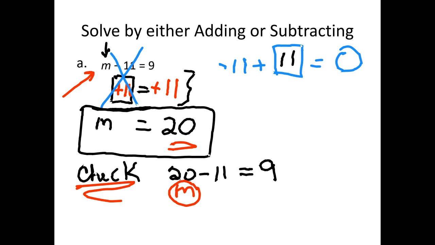Now, here, okay, block method. I'm going to draw a line down here. Here's my equal sign. I have a box here, and they're going to put a box here.